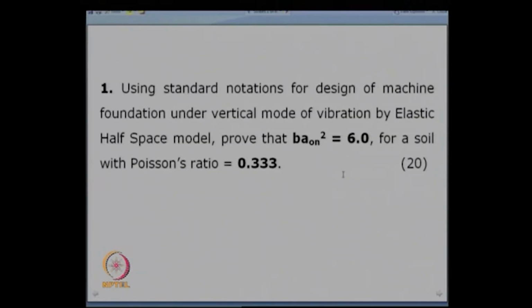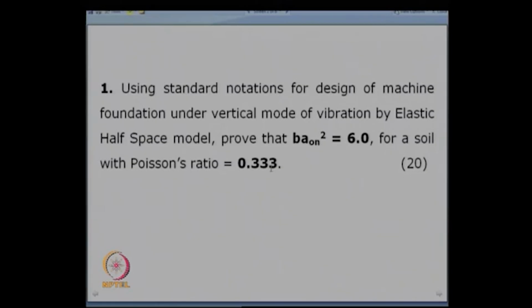This is the first question, which says: using standard notations for design of machine foundation under vertical mode of vibration by elastic half space model, prove that B times A naught n square is equal to 6, numerical value of 6, for a soil which is having Poisson's ratio of 0.333.